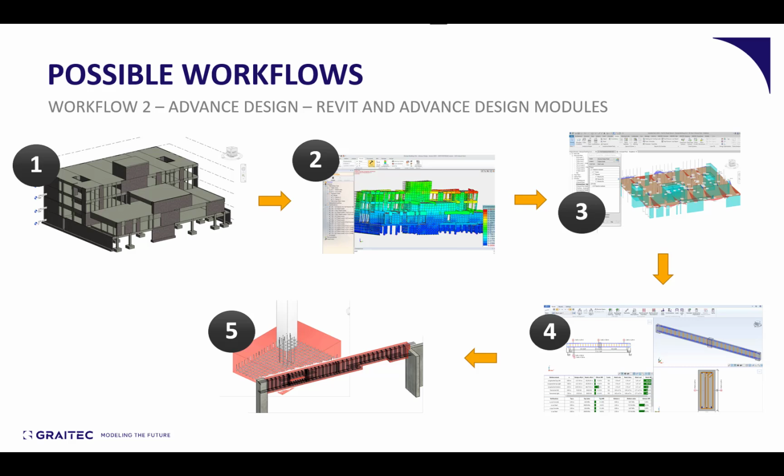So you see in step 3 we can see the bending moment, the efforts inside Revit, and from Revit I can isolate one object, a beam, a column, a footing, and export it to a standalone application, our Advanced Design modules application. For example, here what you can see in step 4 is the user interface for beam calculation.